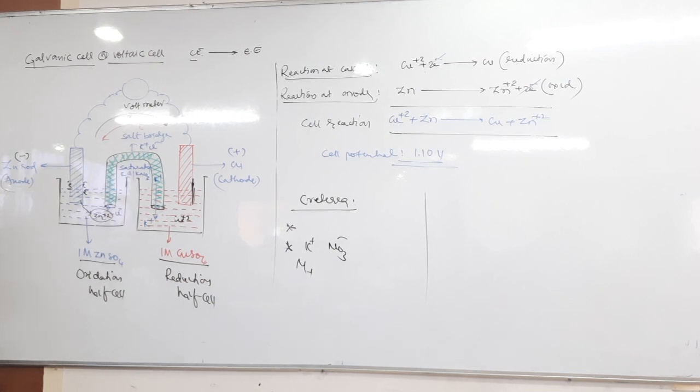Cell potential is 1.10 volt. Next, right, salt bridge.